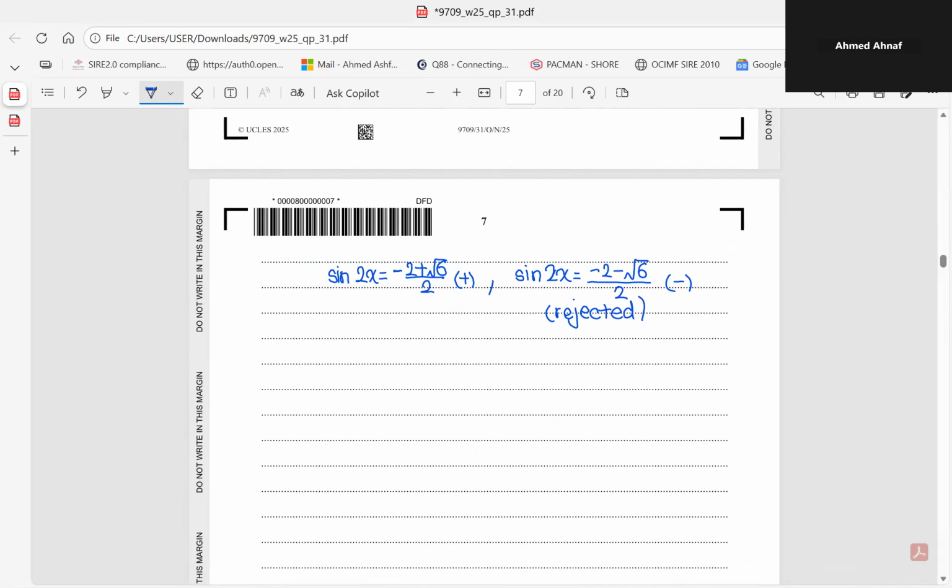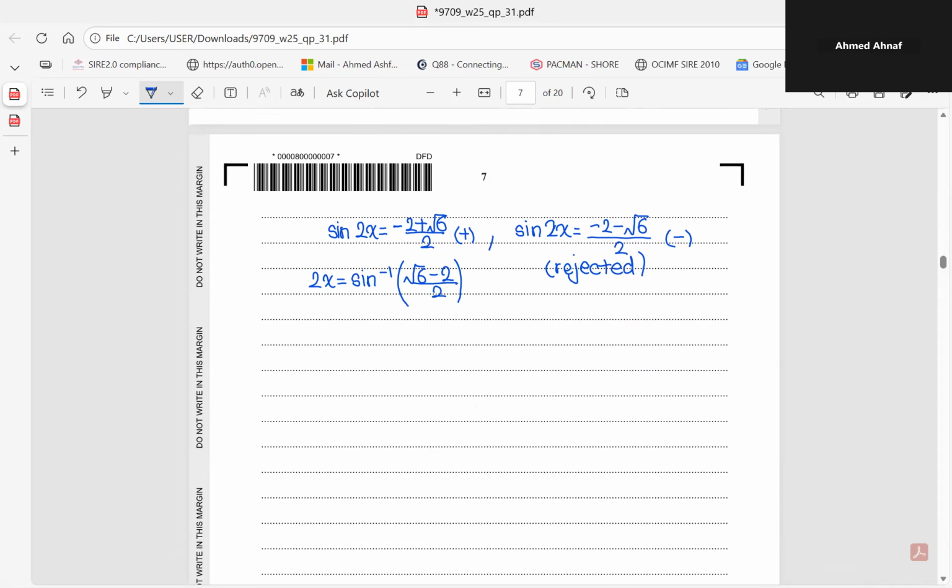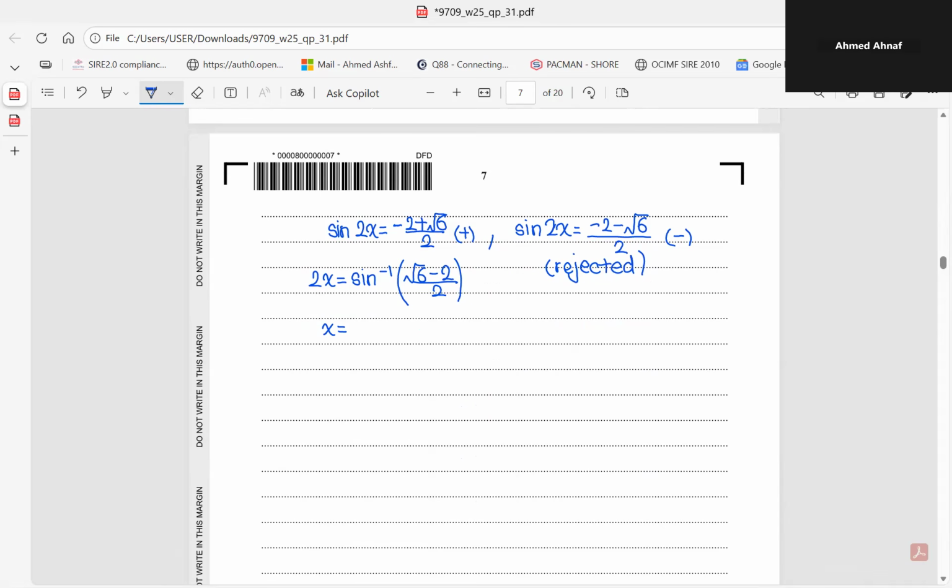We're only left with this one, and we can find our angle 2x, which is sine inverse of square root 6 minus 2 over 2. Then you can find x by dividing by 2 on both sides, and you get half sine inverse of square root 6 minus 2 over 2.